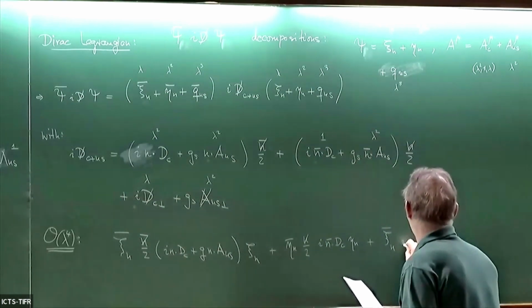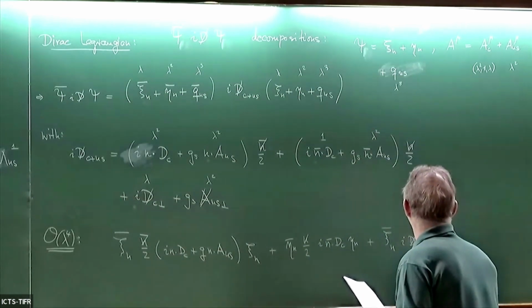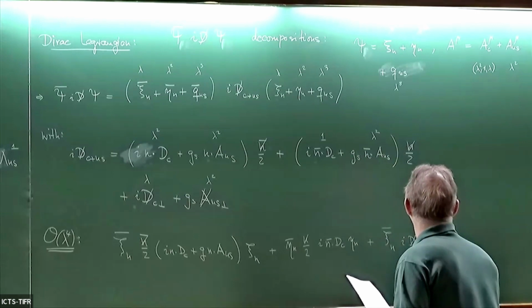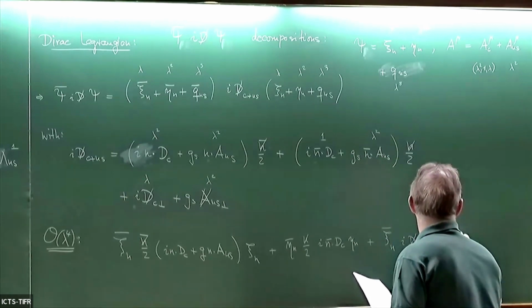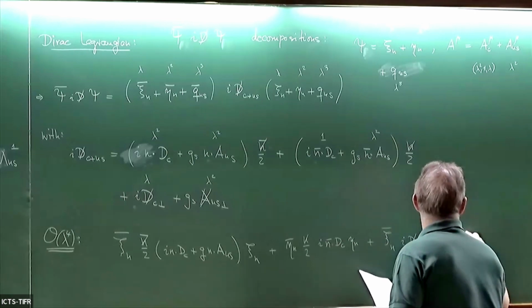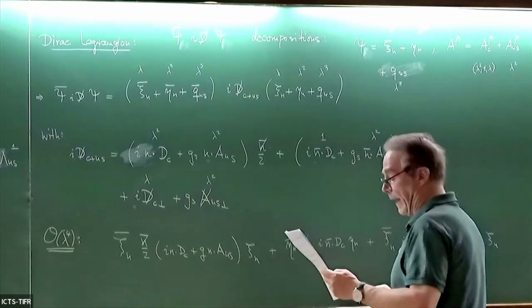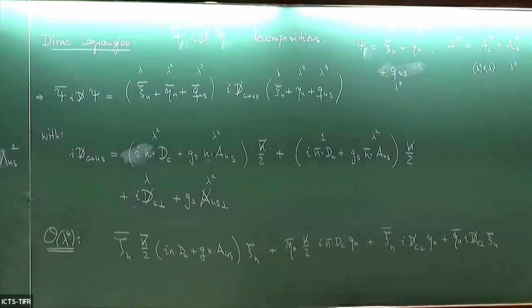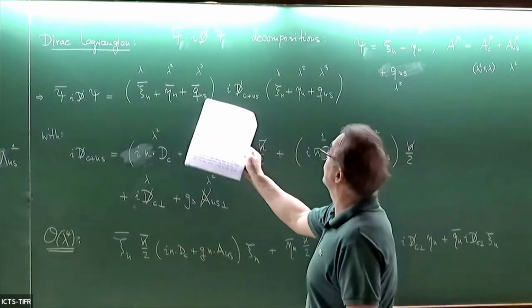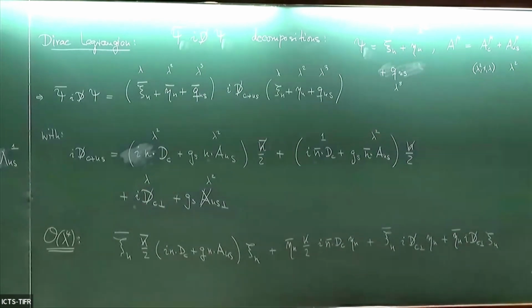Okay? So I get here xi bar D slash collinear perp eta plus Hermitian conjugate eta bar D slash collinear perp xi, and that's it. If you try to involve an ultrasoft quark, you will immediately see that you get lambda to the 5th. So this is the leading order contribution, and you see the leading order contribution has only collinear fields in it, no soft fields.